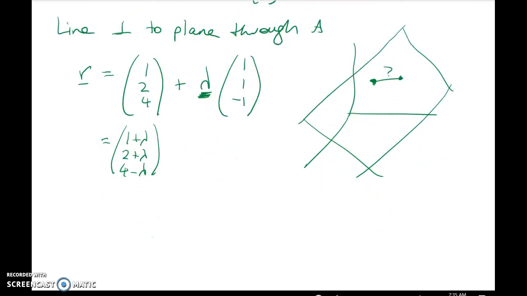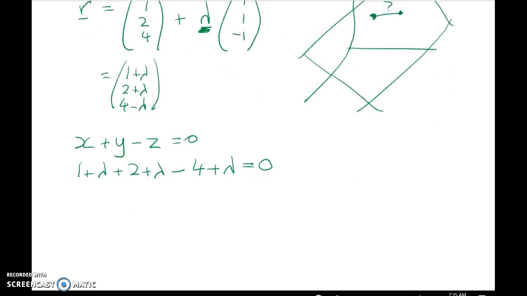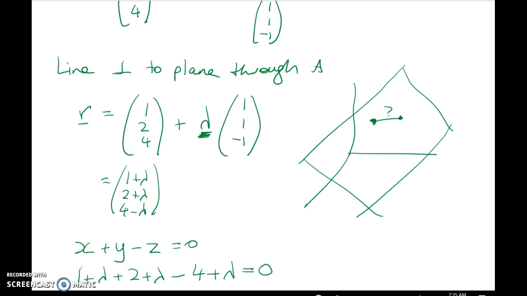So we substitute back in now, and we get x plus y take away z equals 0, 1 plus lambda plus 2 plus lambda minus 4 minus lambda equals 0. Solving that gives me 3 lambda equals 1. Lambda is 1/3.